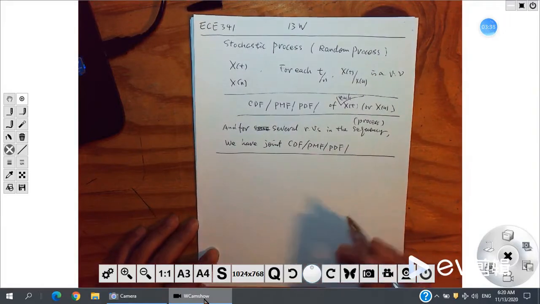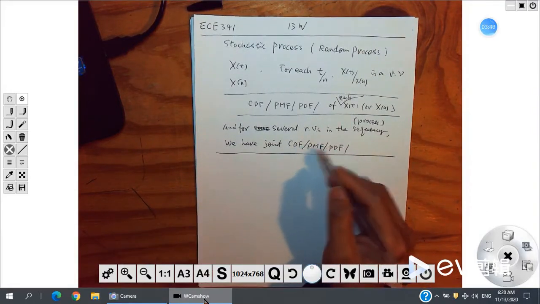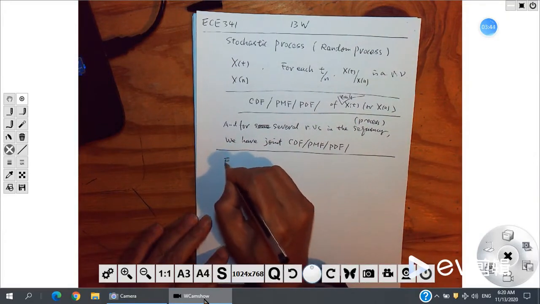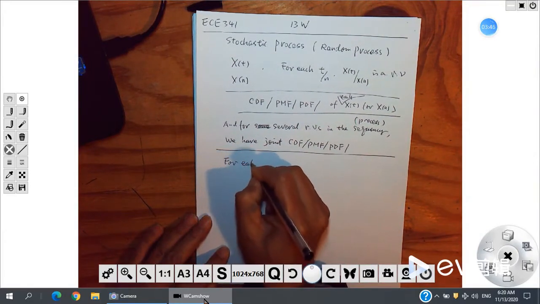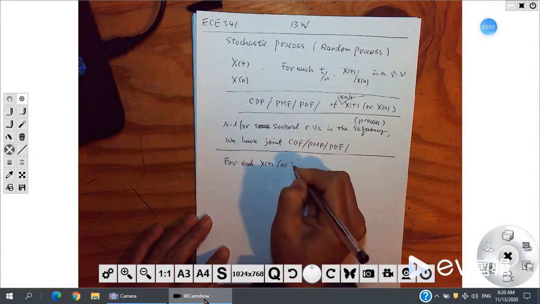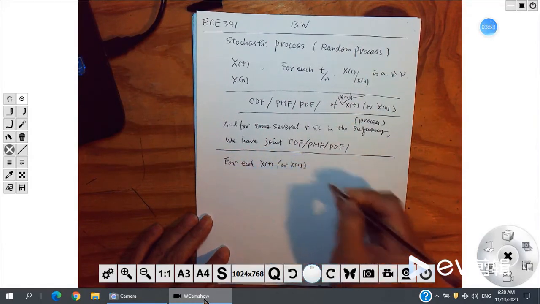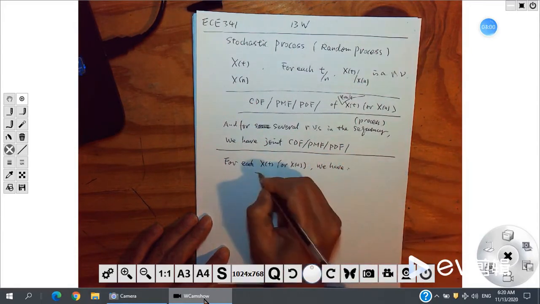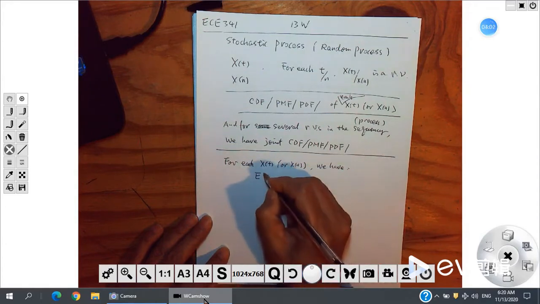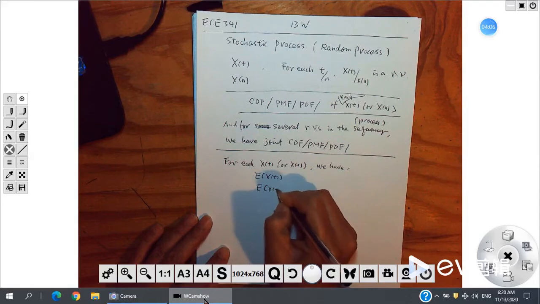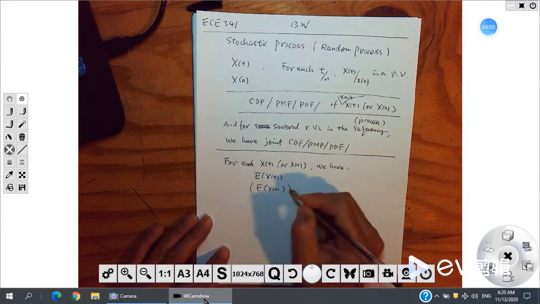Okay, this is one thing: functions. Then related with these distributions, for each x of t or x of n, we can calculate this kind of things. We can consider E of x(t) or E of x(n). It's a similar thing.